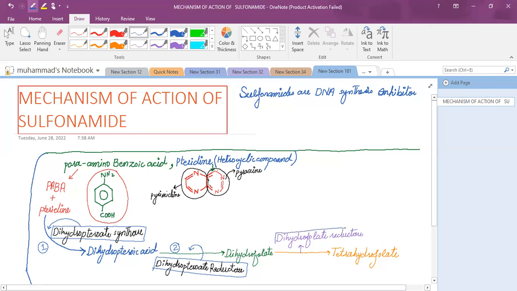And this is step number 3, where dihydrofolate is converted into tetrahydrofolate by this enzyme.